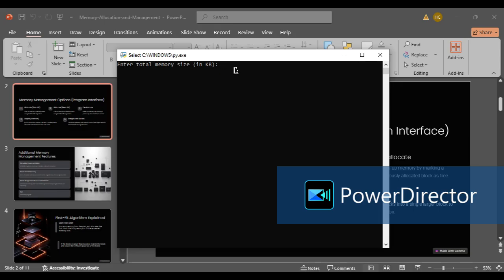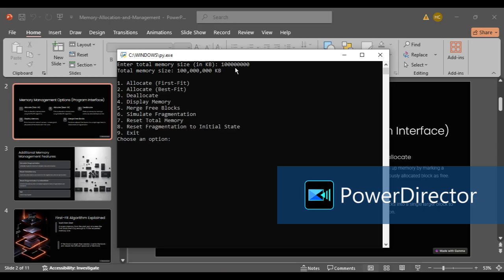So I would enter 100 million, and it will be working in kilobytes, so 100 million kilobytes as we have here. After the user enters the total available memory, the following options are displayed.